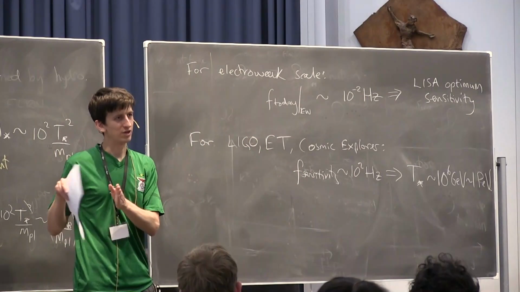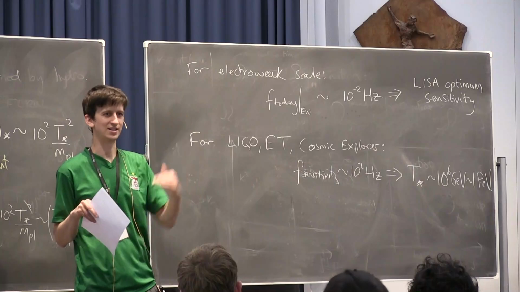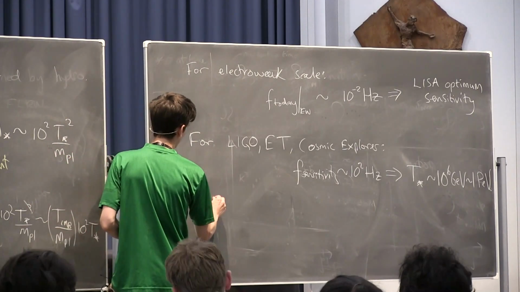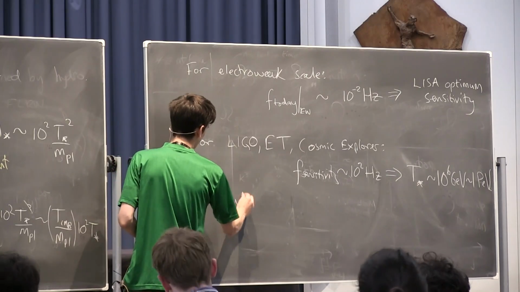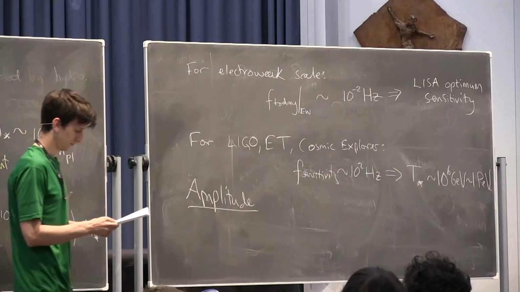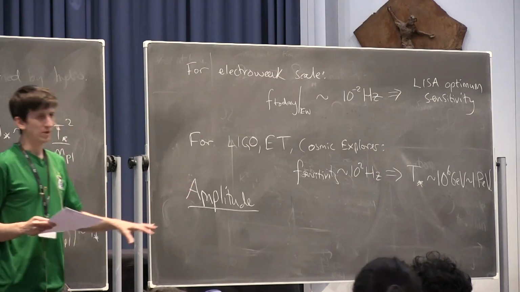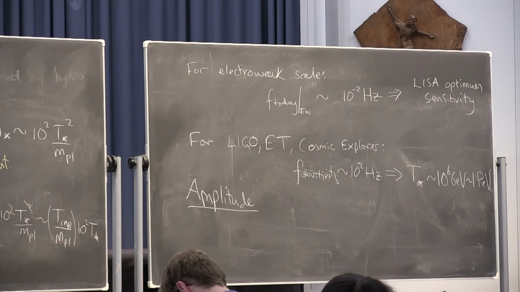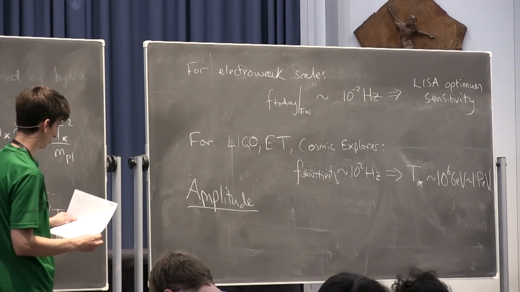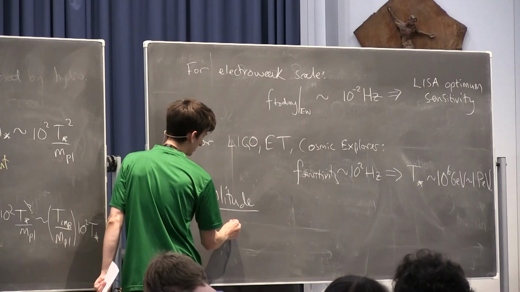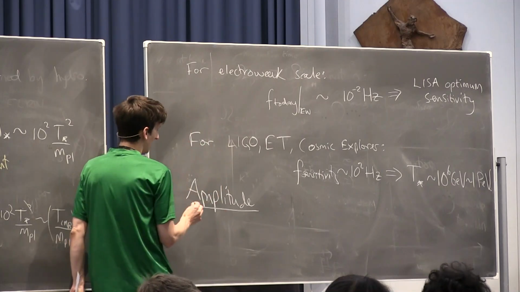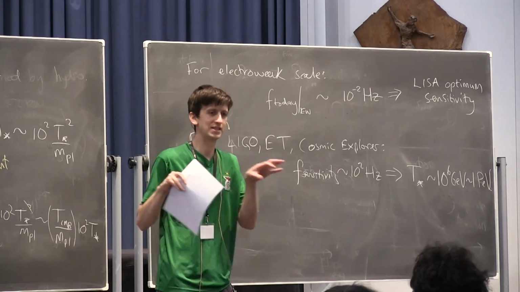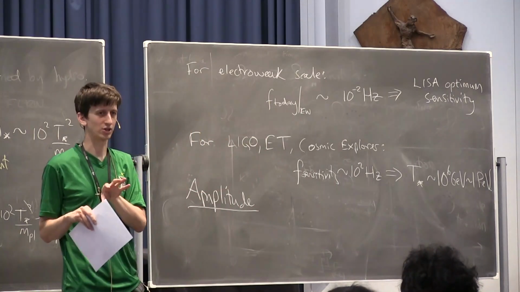That's all well and good in terms of the frequency, but we also need to know the amplitude. Are we going to actually see them? Is the amplitude going to be high enough? So that's the next thing to look at. And for that, we would want to go back to our retarded Green's function that we had from before. It had 4 indices. And essentially, you can split it up into a scalar part and a projection part.